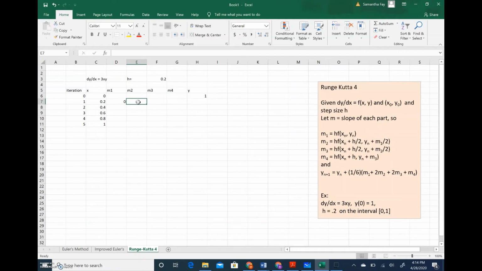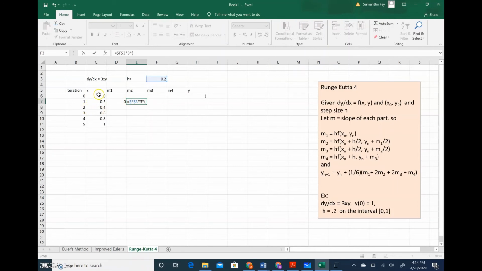My second m, start with an equal sign. My h that I don't want to change times, now it gets a little funky because I've got my derivative with some funky stuff plugged in. So it's still my derivative, so it still starts out with 3 times, but now my x value is going to be a combination of stuff.